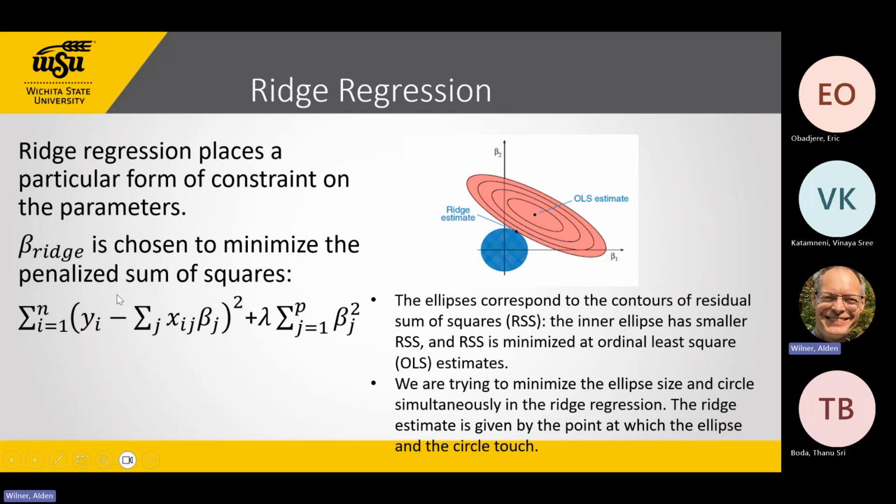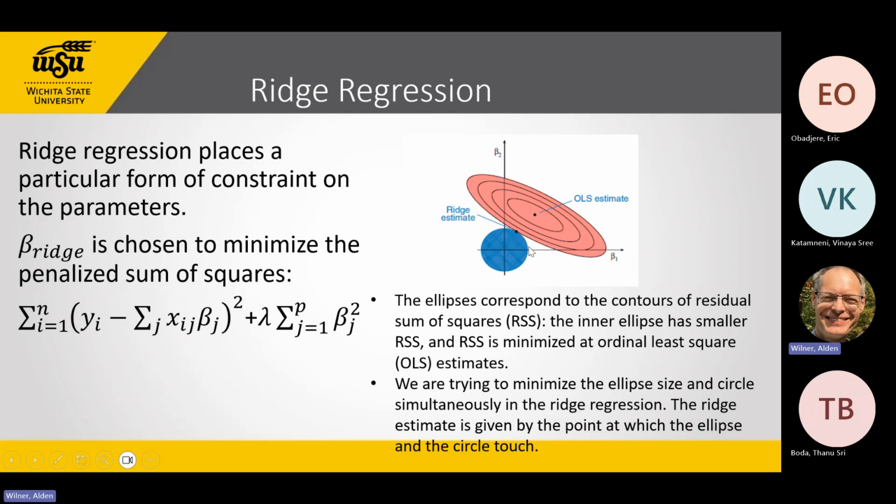So we're penalizing this by applying a circle about the origin. We're saying that the estimates of our OLS plus our ridge constraint right here, we're going to set the sum of those to be a minimum.